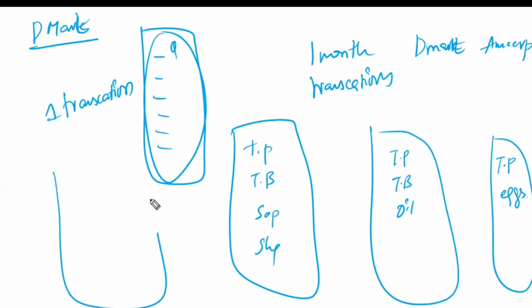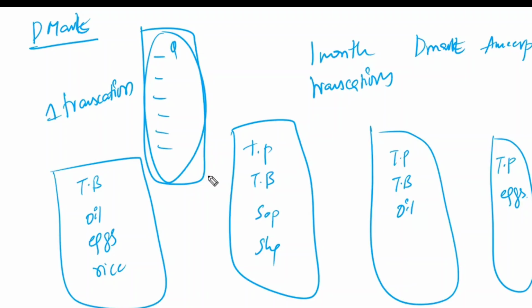And one more person has purchased a toothbrush, oil packet, eggs, something like this, and rice.